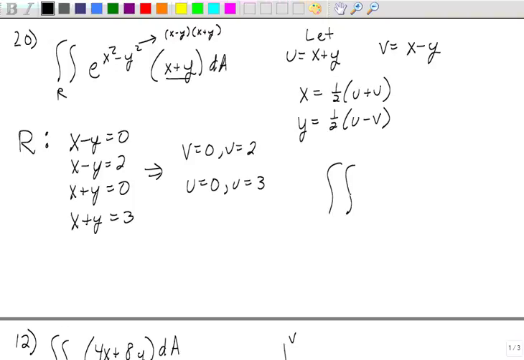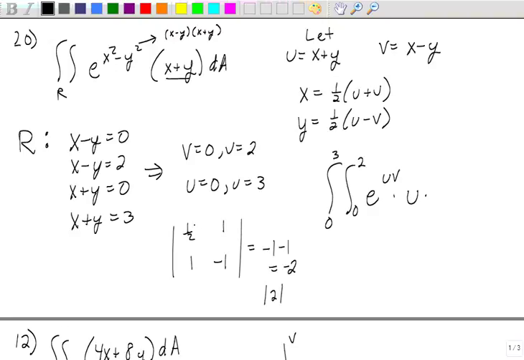So to set this up, I'm not going to integrate it. 0 to 2, 0 to 3, e to the uv times u. The Jacobian is 1, 1, 1 minus 1 is minus 1 minus 1 is minus 2, so the absolute value is 2. Oh, it's 1/2. Sorry.